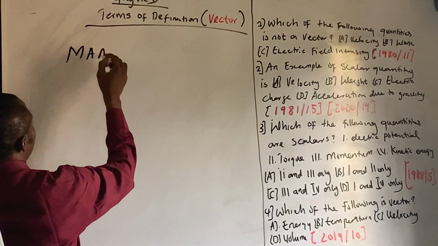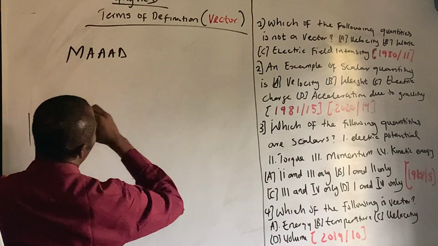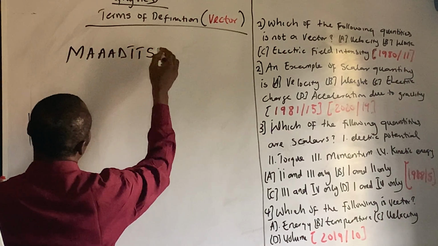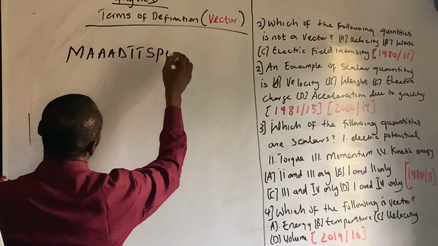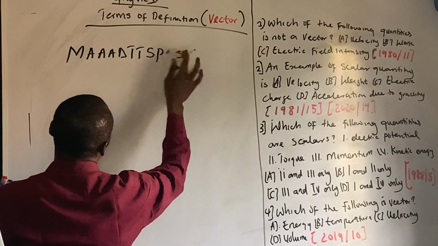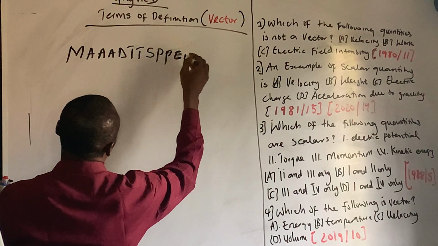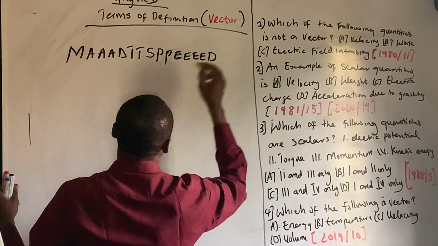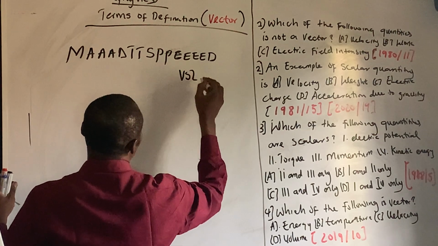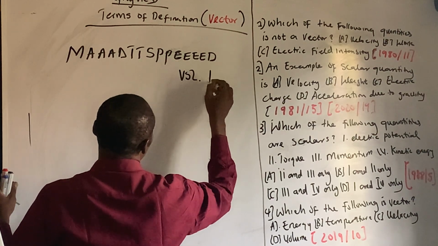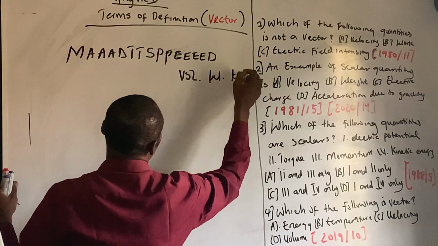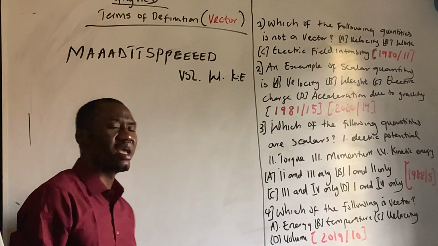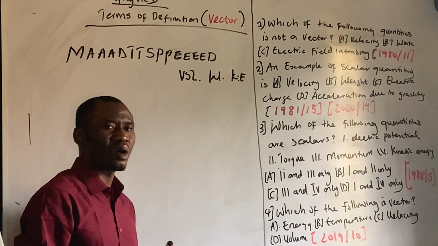MAD, T, P, double P now, speed, then volume, then work done, then kinetic energy.